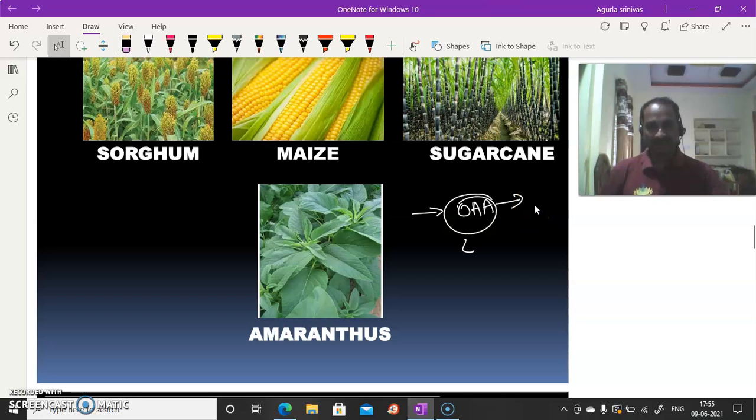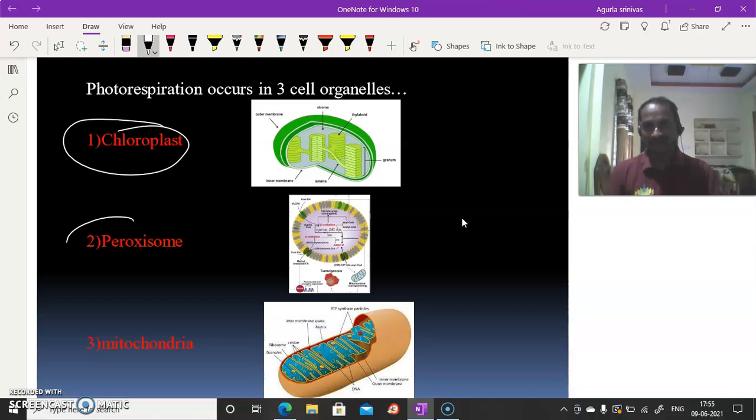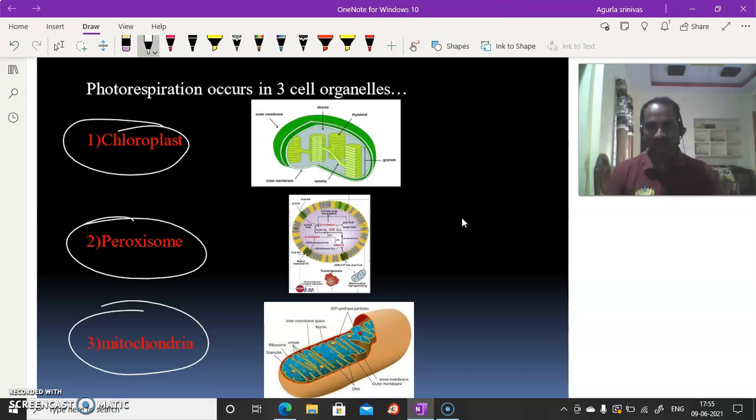OAA contains 4 carbon atoms. That's why it is called the C4 cycle. This pathway, photorespiration, occurs in 3 types of cell organelles: chloroplast, peroxisome, mitochondria. Here you can see the pictures of different cell organelles.